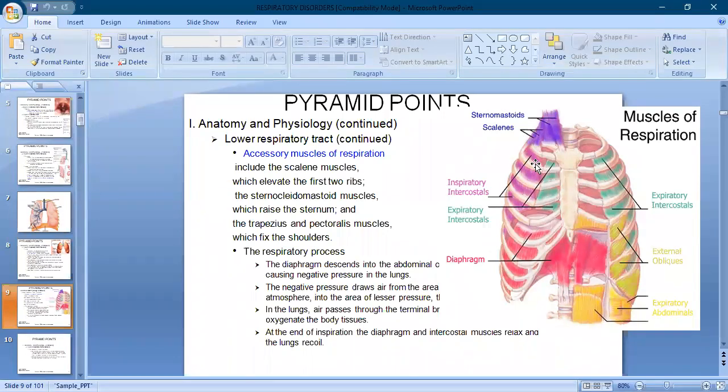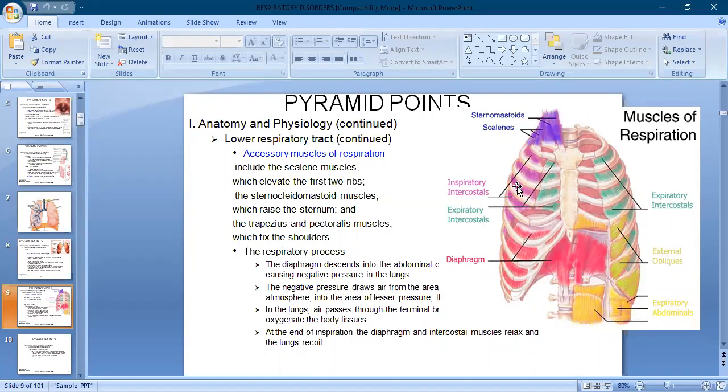These are the ribs, right? The muscles in between the ribs are called the inspiratory intercostal muscles. Intercostal: costal means ribs. Some of them are internal and some are external. This one is called the inspiratory intercostal, and this muscle is called the expiratory intercostal.